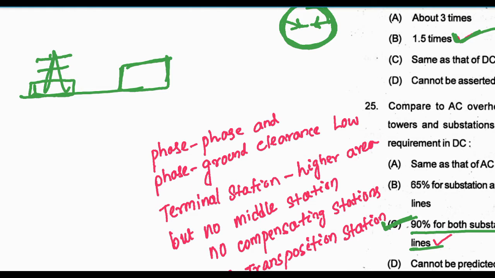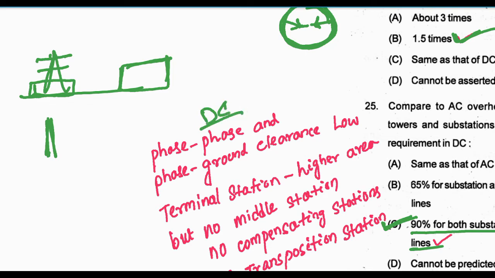That means if phase to phase clearance is low, we can construct narrow transmission towers in comparison to AC lines, and phase to ground clearance is also low. That means we can construct low height towers for HVDC lines. So these are for DC.